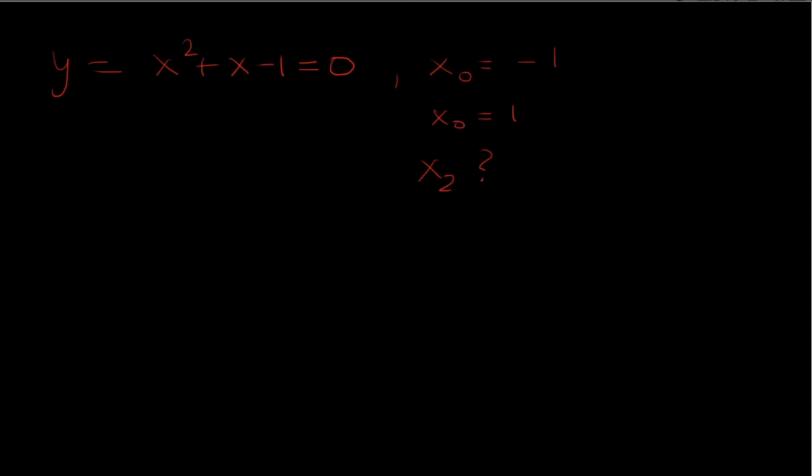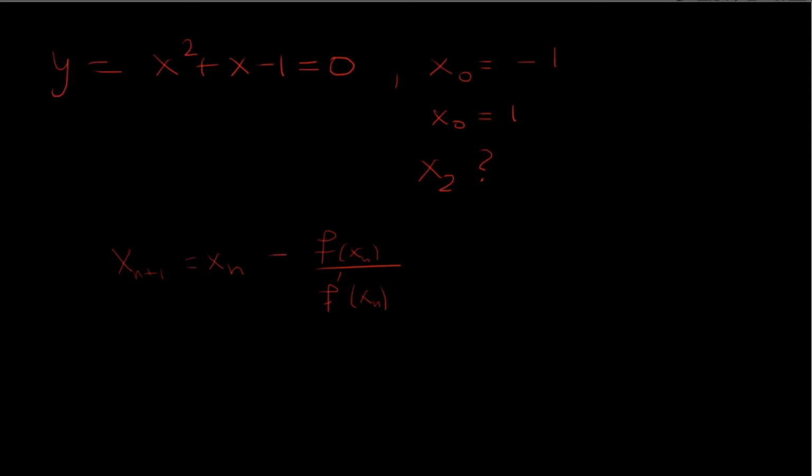So in general, we know that x of n plus 1 is x sub n minus the function evaluated at x sub n over its derivative. In our case, we can say that f of x is x squared plus x minus 1.